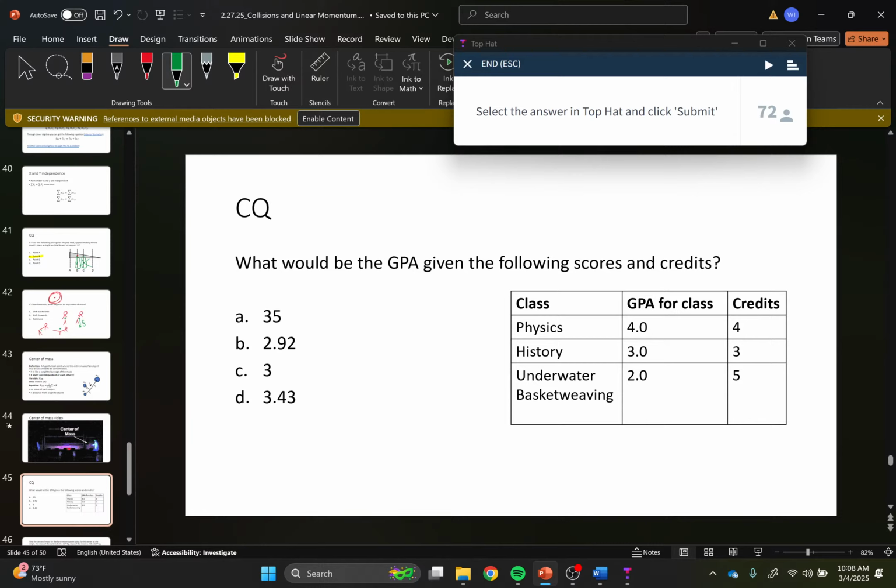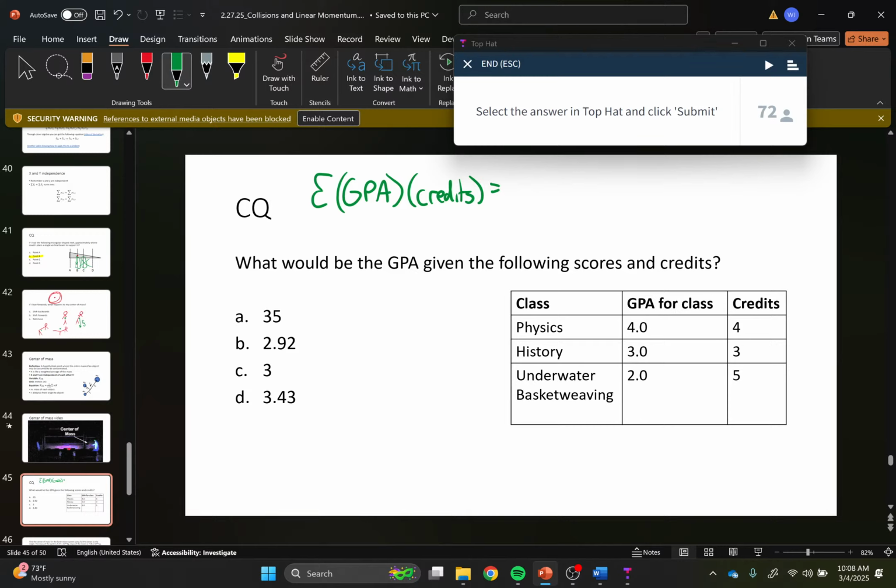So what we first need to do is scale your GPA per credit hour. Each credit hour matters. If you had a 4 in physics, you're going to add up all your GPAs times the credits. A 4.0 in physics, we want to scale that per credit hour.